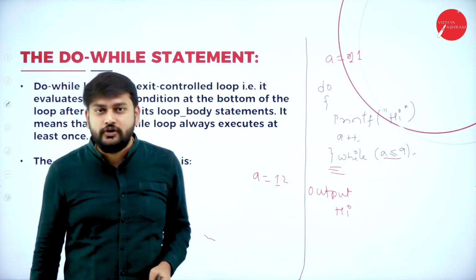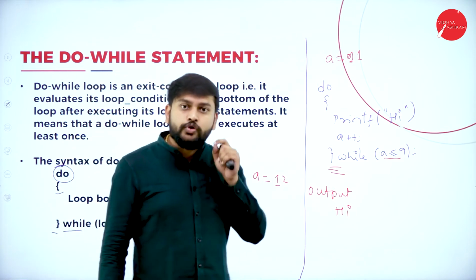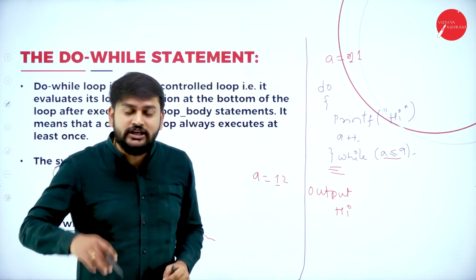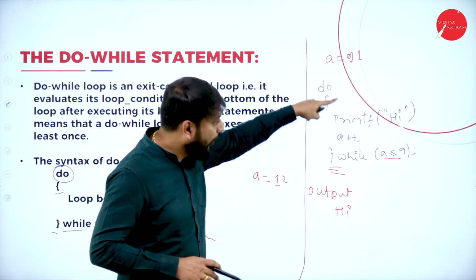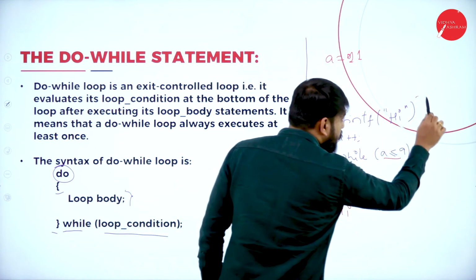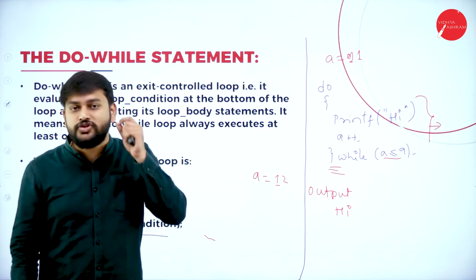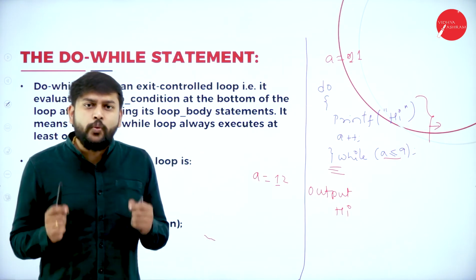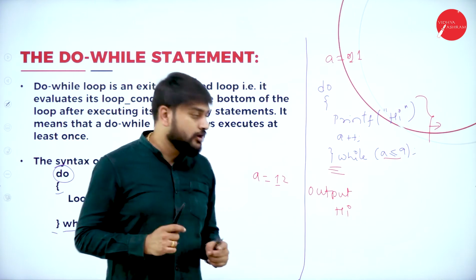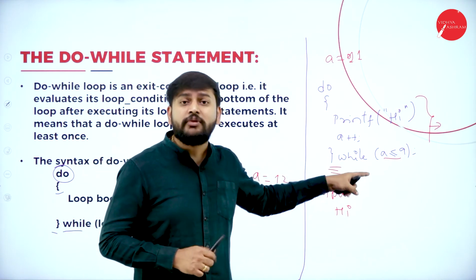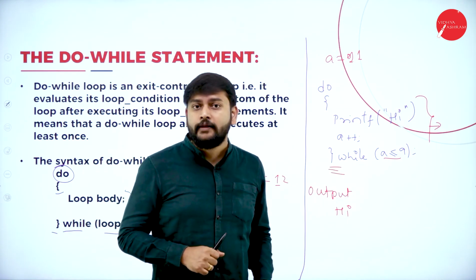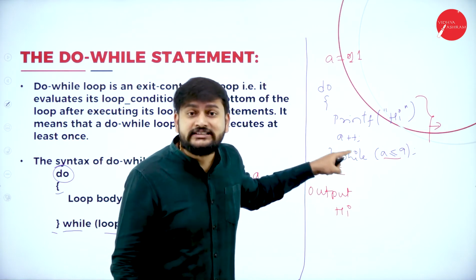So what do you need to understand here? Even though the condition fails, one time, the statements I have here will be executed. That is what you need to understand. Where do I have the condition here? I have the condition when I am exiting the loop.